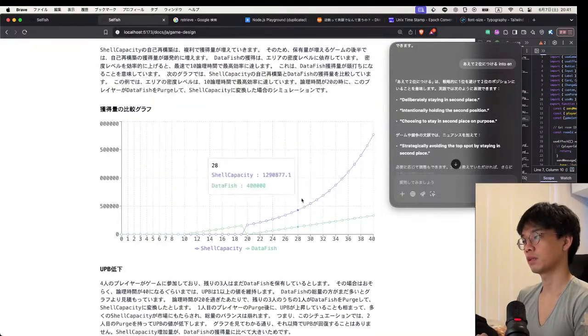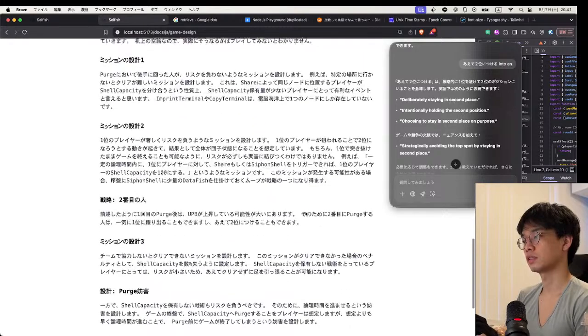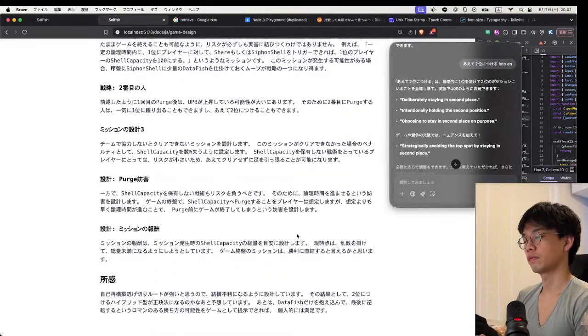There is an adjustment, but approximately the total amount of shell capacity at the time.